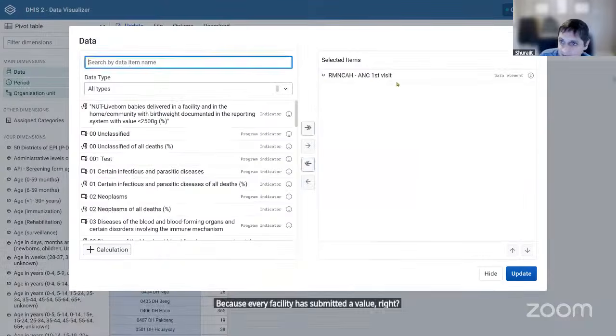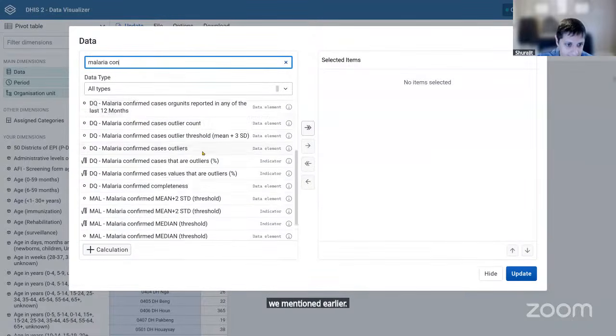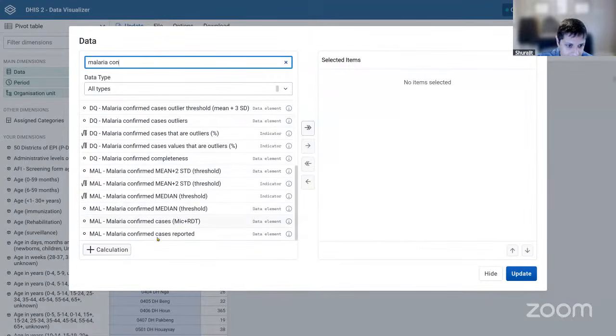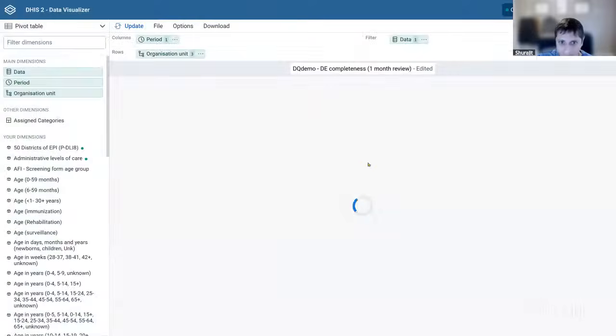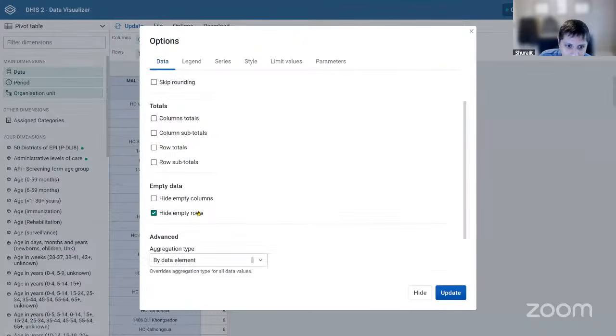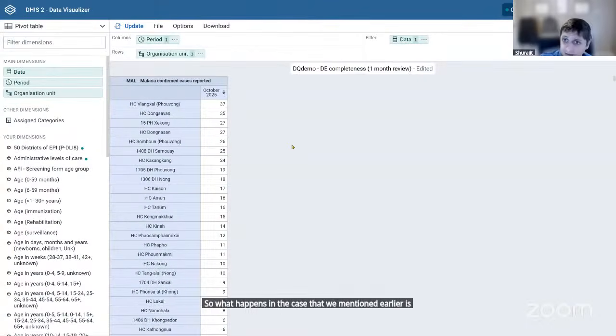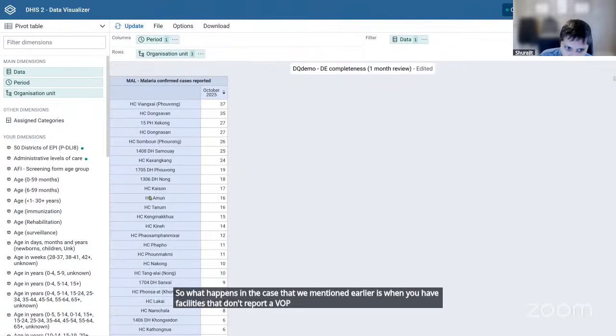Now, what happens in the case that we mentioned earlier is when you have facilities that don't report a value. So here I see all the facilities that reported a value, right?